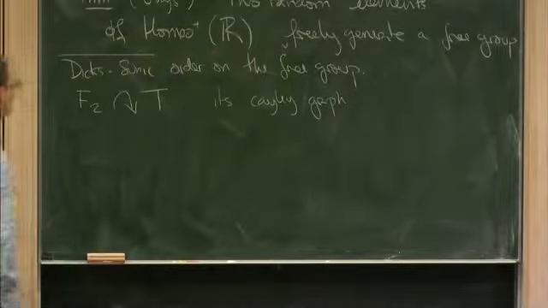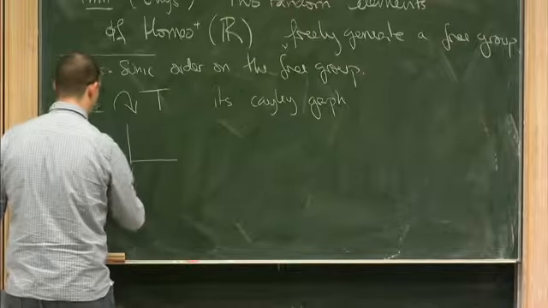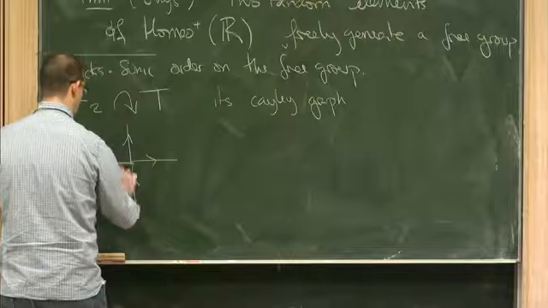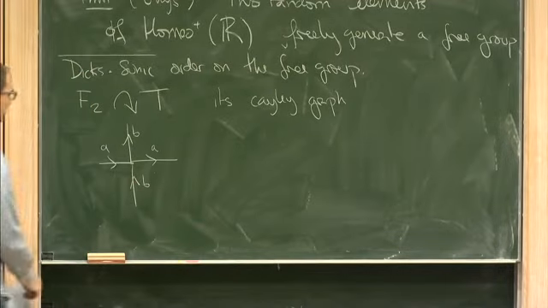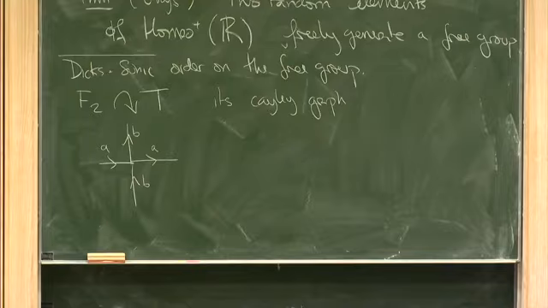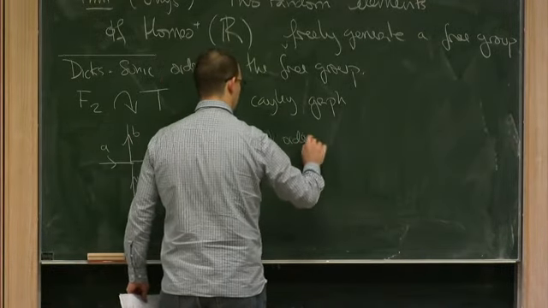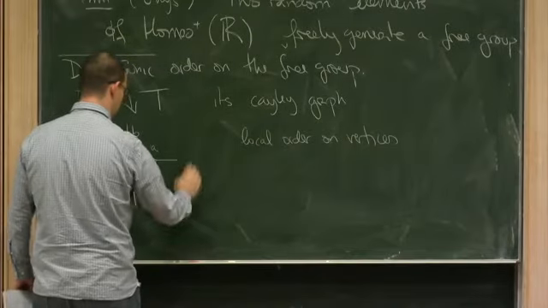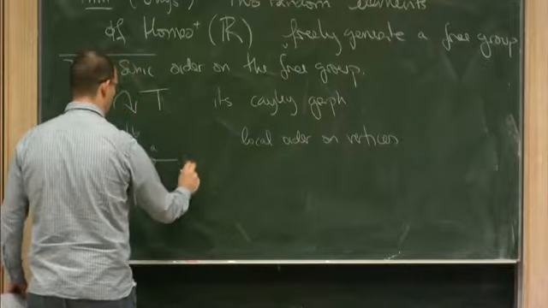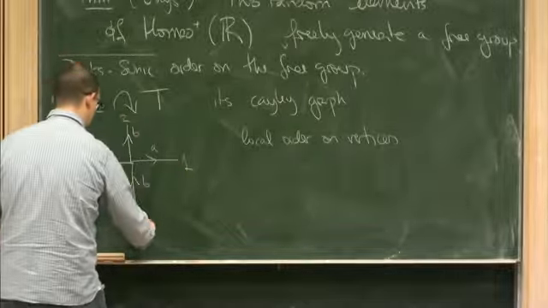Okay, and what they do is, so the Cayley graph is going to look like this. Locally, say a, b, a, b. And what they do is they just put some local orders on the vertices. So say that this is your first vertex, second, third, fourth.